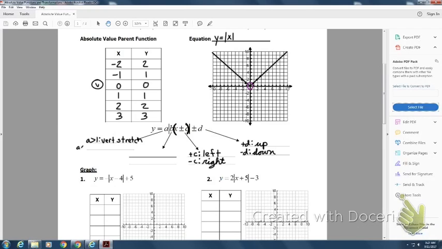And then if A is less than 1, it is going to vertically compress. If A was negative, how would that affect it? Does anybody remember that?